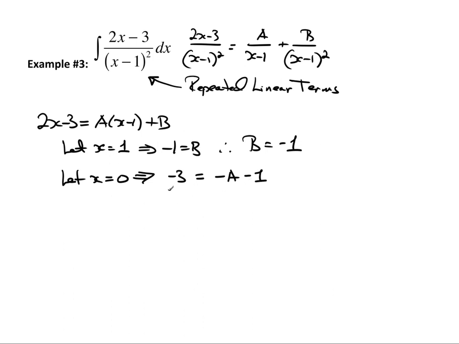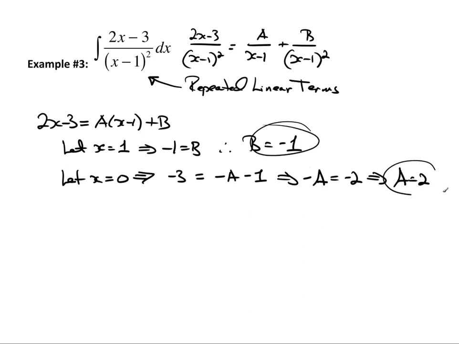So if I add 1, I'll end up with... oops, that's not B, I'm talking about A. Really jumped out ahead of myself there. I have a negative A. If I add 1 to both sides, I get negative 2 equals negative A, which means that A is equal to 2. So now I have my two coefficients.